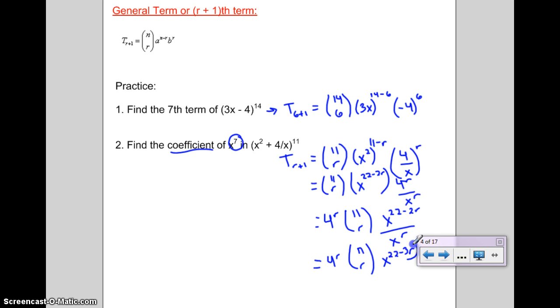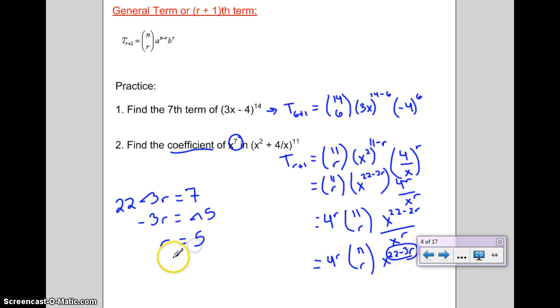And what I want is for this exponent to equal 7. So I'm going to do a little side work over here: 22 minus 3r, I want that to equal 7. So in order for that to happen, I'll have negative 3r is equal to negative 15, and then r is going to equal 5.